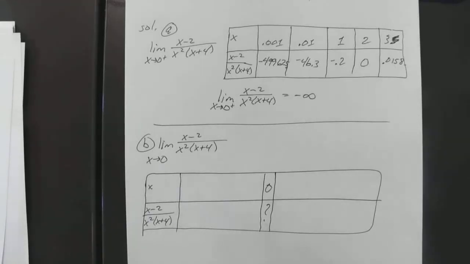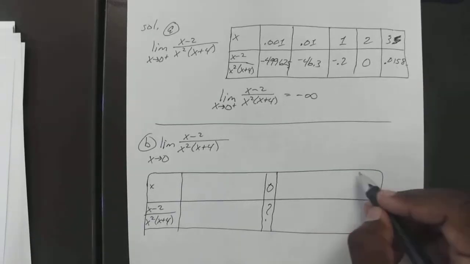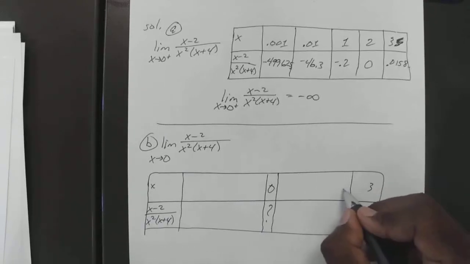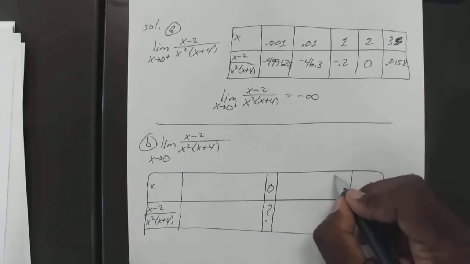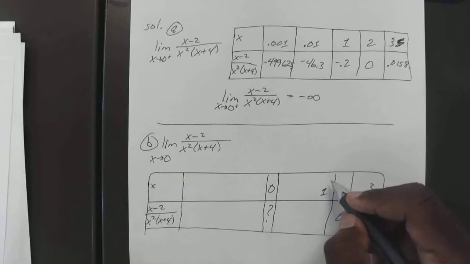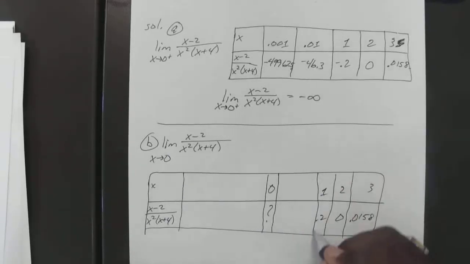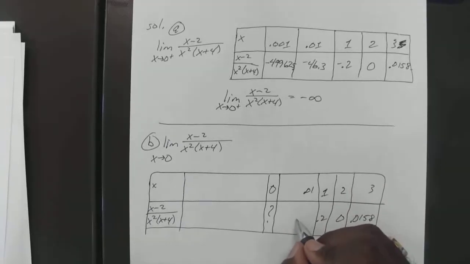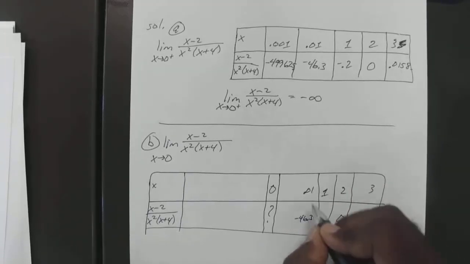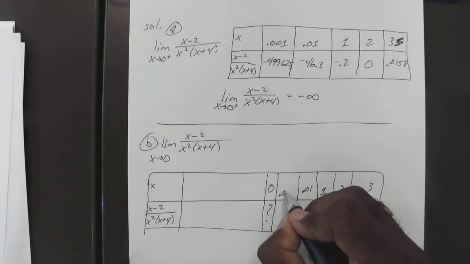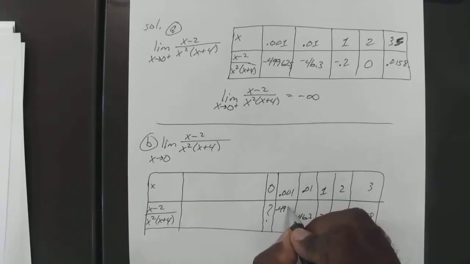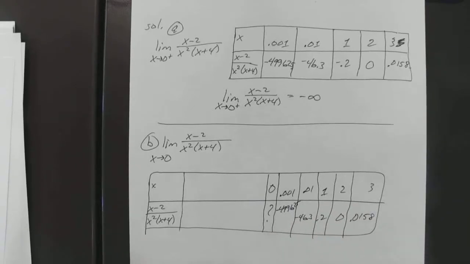Okay, we already did from the right, so we can just plug those in. 0.01, negative 46.3, 0.001, should have made that bigger. Negative 499,625.